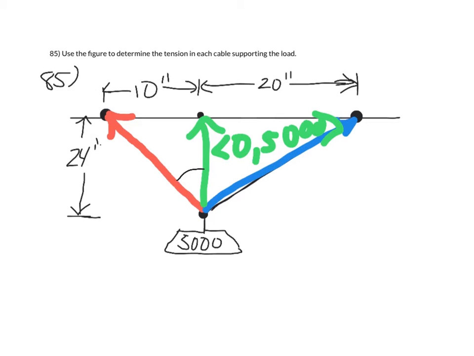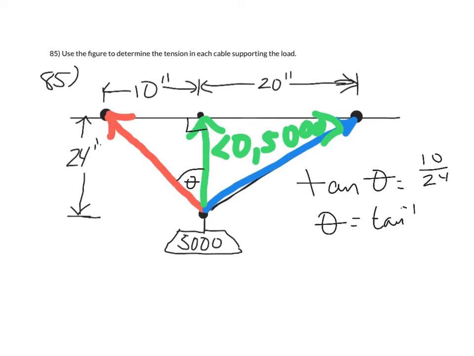I can find this angle because I have two sides in a right triangle. So I know that the tangent, let's call this theta, the tangent of theta equals opposite over adjacent, so 10 divided by 24, and theta is going to equal the inverse tangent of 10 over 24.